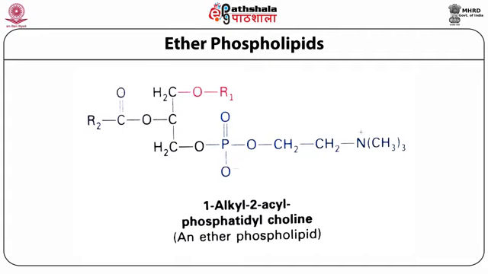Interestingly enough, in slugs and some mollusks, up to 25% of the phospholipid content can be these ether phospholipids. Their precursor is dihydroxyacetone phosphate, which is the glycolytic intermediate.